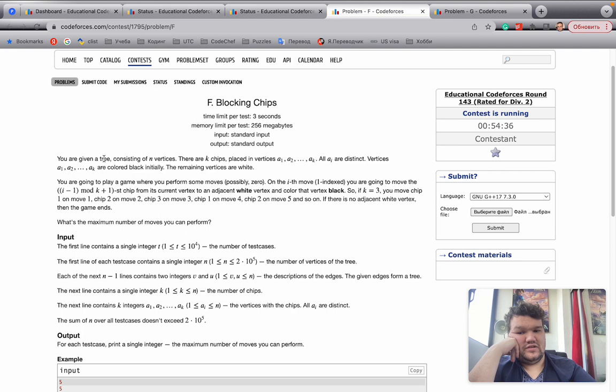Problem F, we have a tree on n vertices, k chips in distinct vertices. They are colored black, the remaining vertices are white.